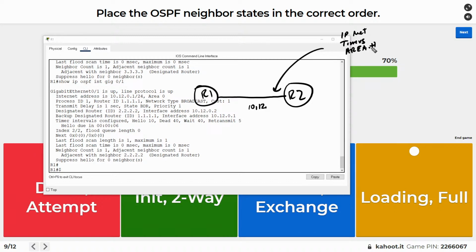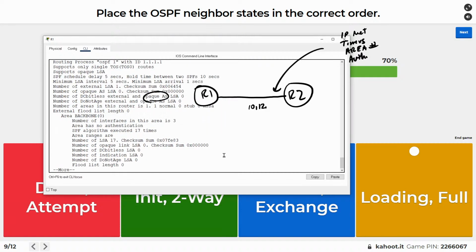The area number. So this router on this segment thinks that it's area 0. So if router 2 thought this is area 2 or 1 or 5 or whatever, it didn't match up, it wouldn't work. Authentication has to match. There's no authentication by default, but a good way of seeing that is show IP OSPF.